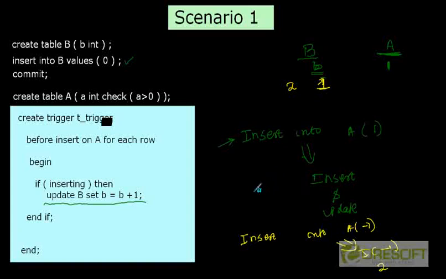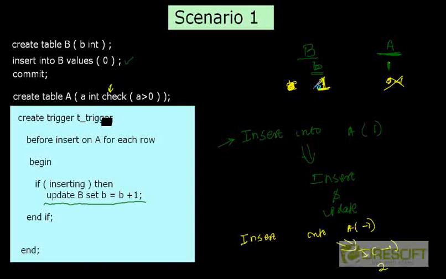But when it tries to insert -1 into A, the check constraint is going to fail. So it cannot insert the value -1 here, and it is going to automatically roll back. Since it cannot insert -1, the value 2 is not kept, and B is still 1. Is that clear?